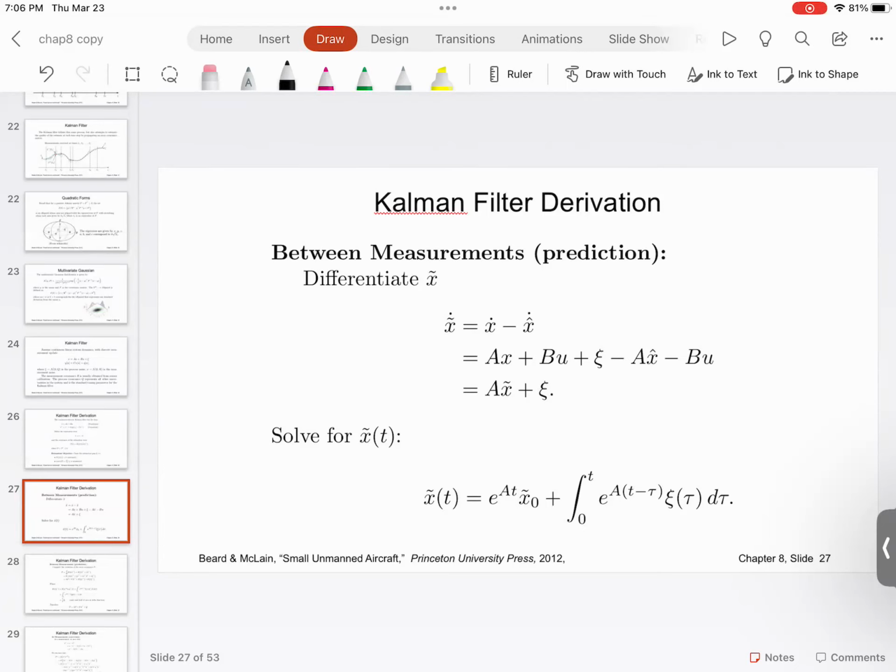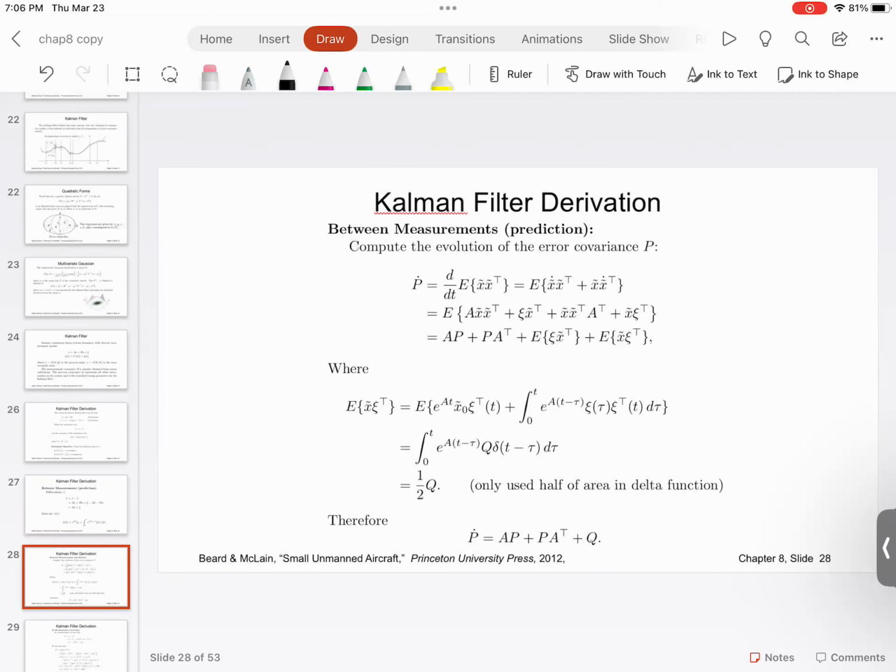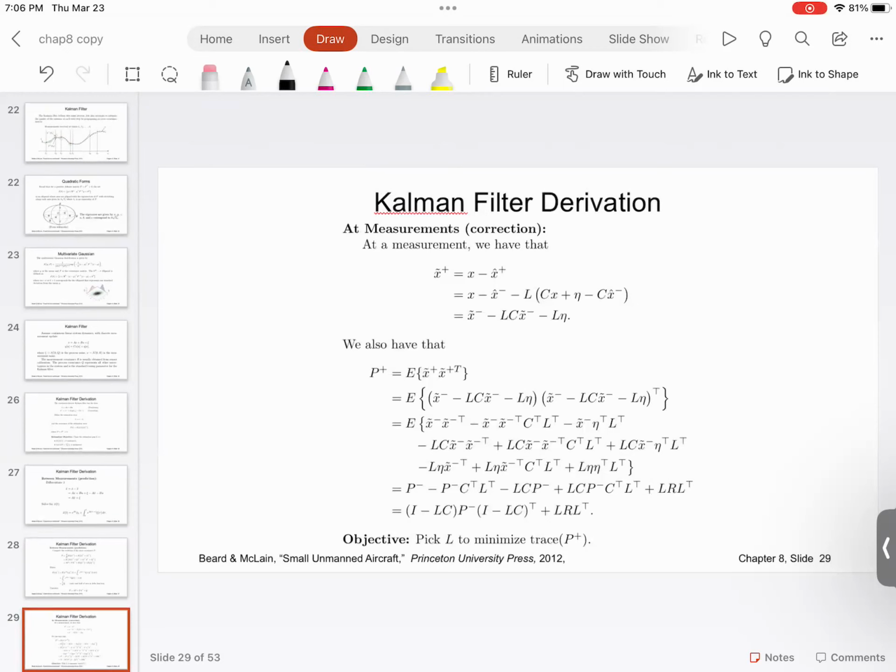Then you perform the integration, and between the predictions you find the error estimates, and at the end you solve the error estimate equations and use those error estimates for the correction, and you can go through the math.